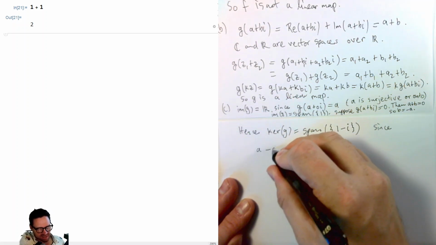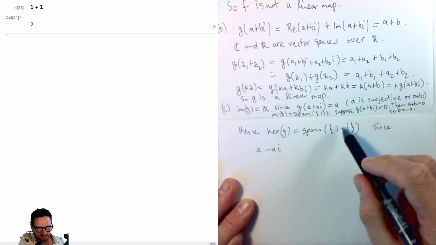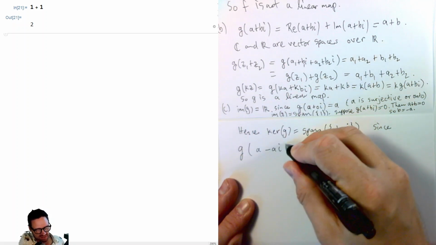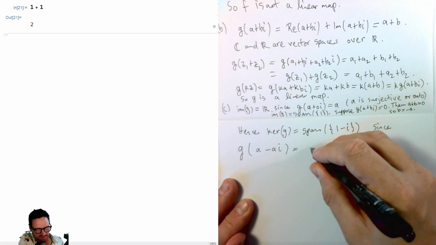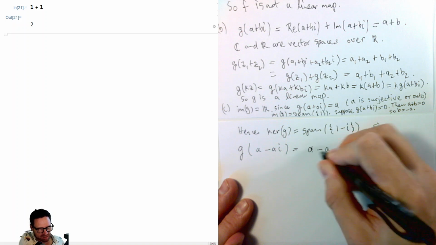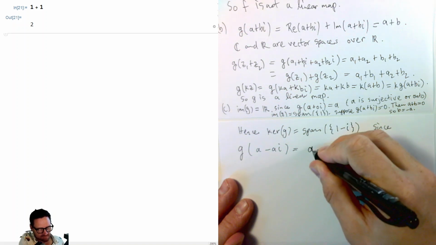So A minus AI, which is an arbitrary multiple of 1 minus I, so G of this is equal to A minus A, which is 0.